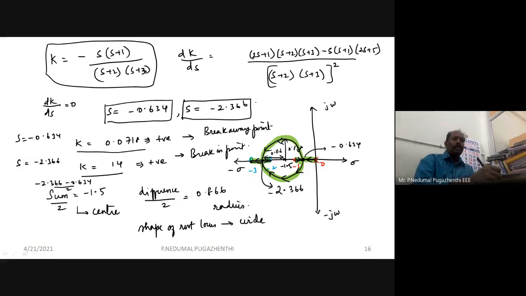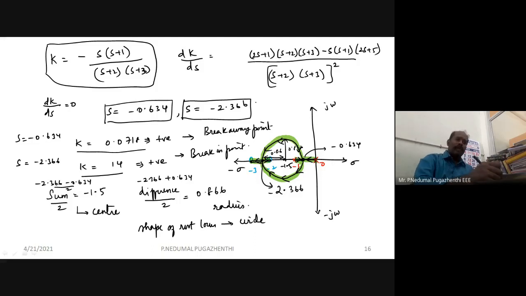Obviously minus 3 by 2 will give you minus 1.5. If you take the difference, minus 2.366 plus 0.634, you will get a value which divided by 2 will give you 0.866. So the center is minus 1.5 and the radius is going to be 0.866. If you take a compass and draw it with this radius, it will touch those two points, breakaway and break-in, and you will get a nice circle there.